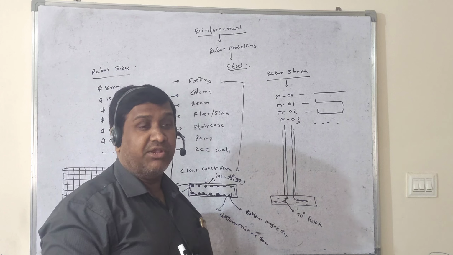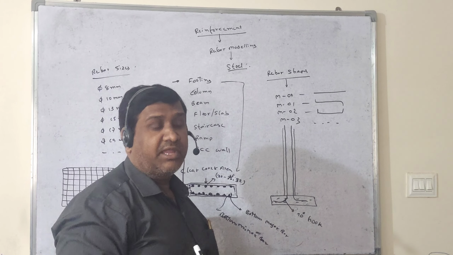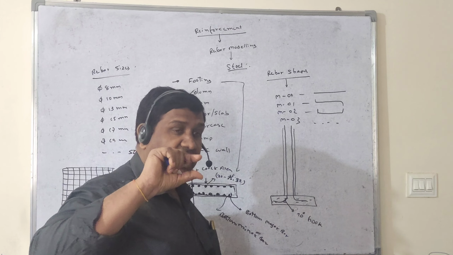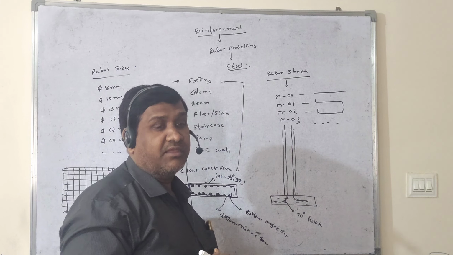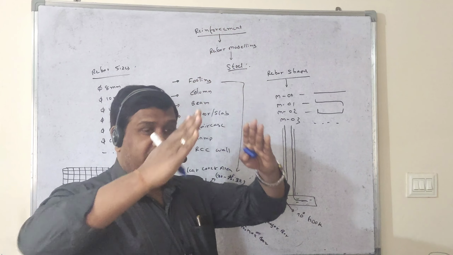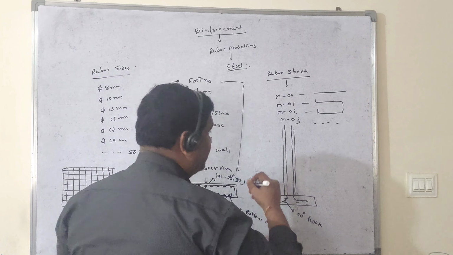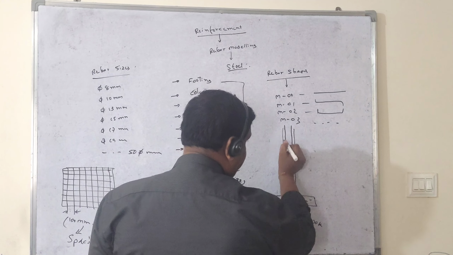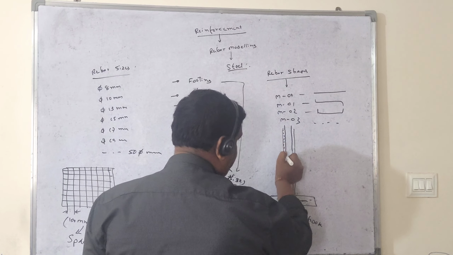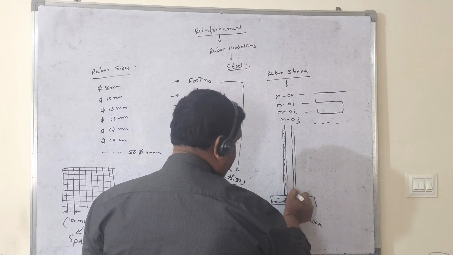It is touching below, or it goes half of that footing inside, because it will become like that. So here we provide this kind of bar, and in the column also we will have a clear cover, again the clear cover.